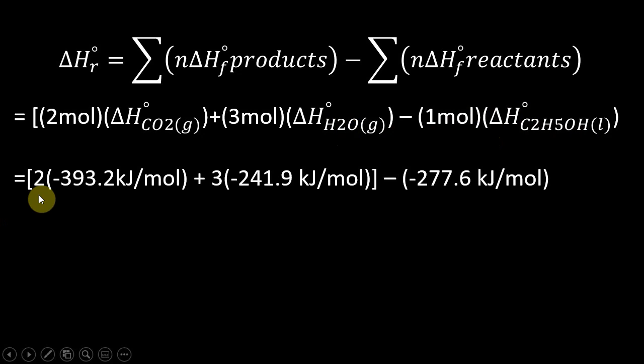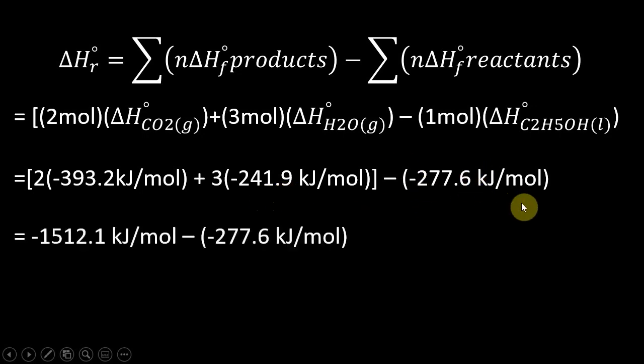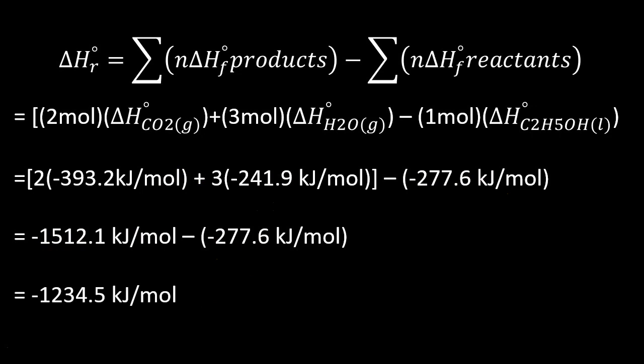So then we'll plug them in. So 2 times the negative 393.2, 3 times the negative 241.9, and then subtract the negative 277.6. So summing these two, we get negative 1,512.1 kilojoules per mole. Subtract the 277, and we get negative 1,234.5 kilojoules per mole.